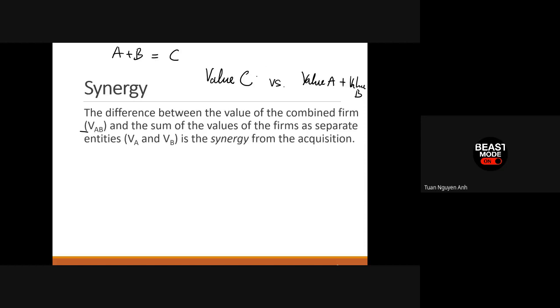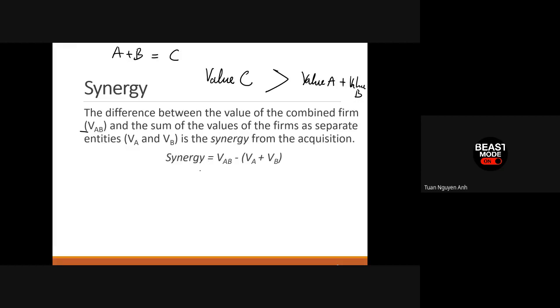If the value of C is higher than this, the synergy is positive, and of course the NPV is positive. The NPV of the whole deal is positive, or rather the NPV here is the NPV of the acquirer.